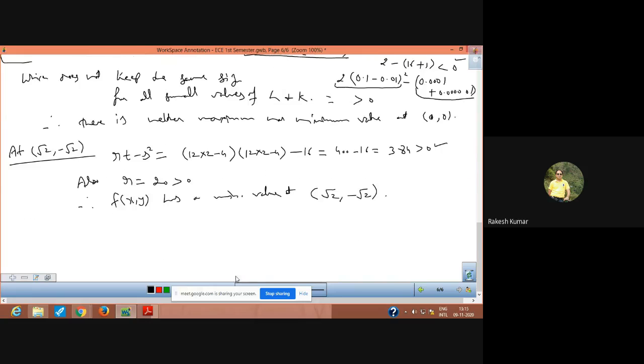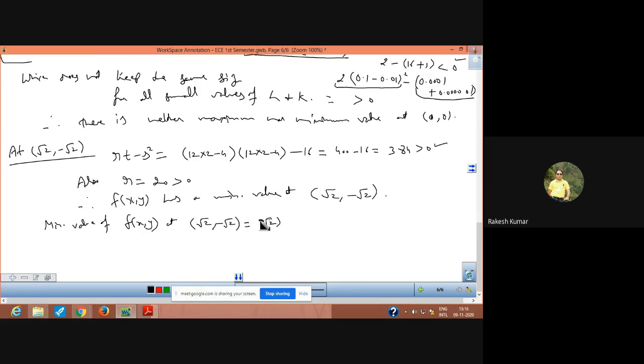और we can calculate, अगर ये पॉइंट ऑफ मिनिमा है तो मिनिमम वैल्यू ऑफ f of xy at this point, that is square root 2, minus square root 2, we can calculate.